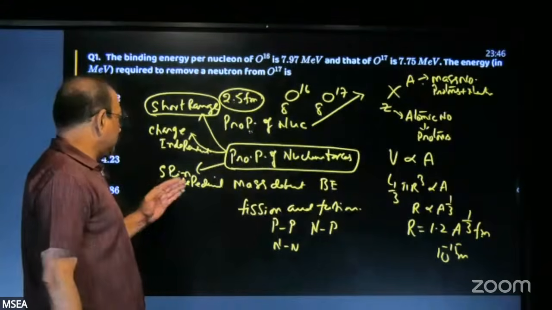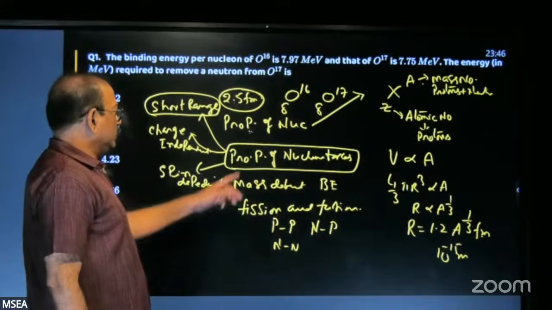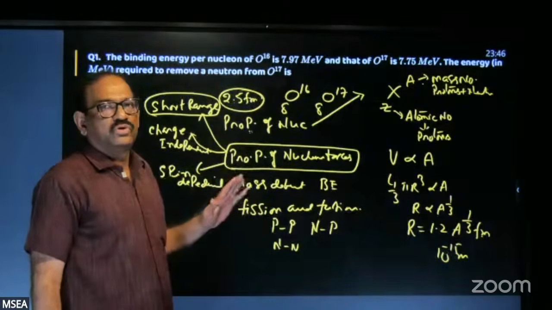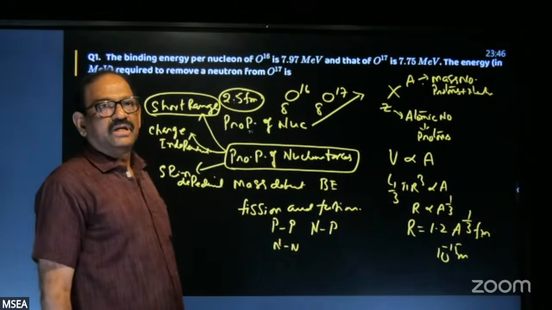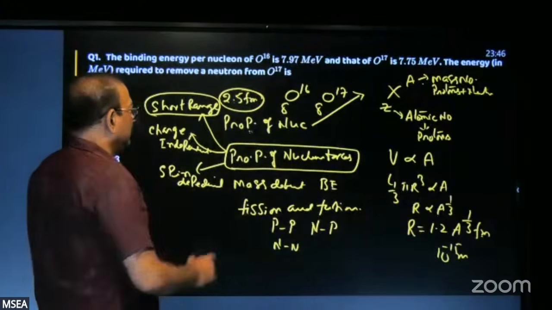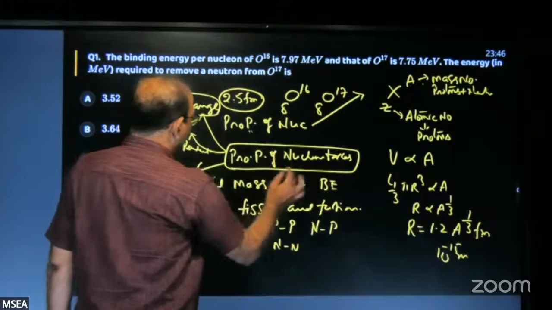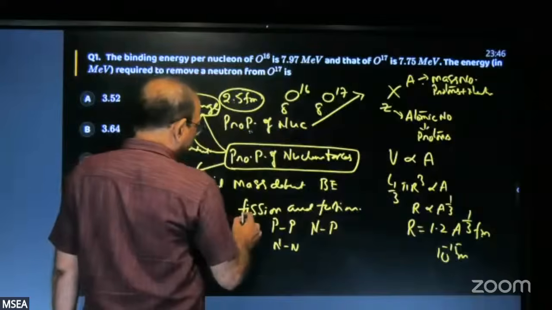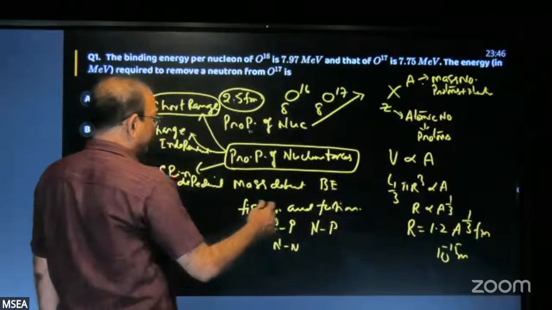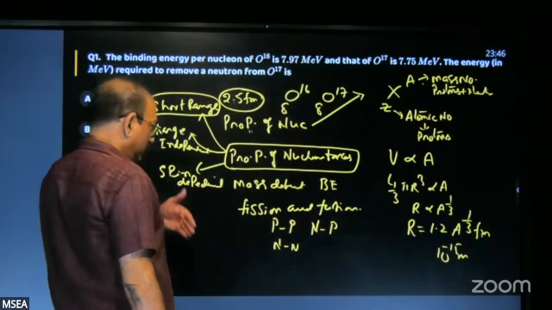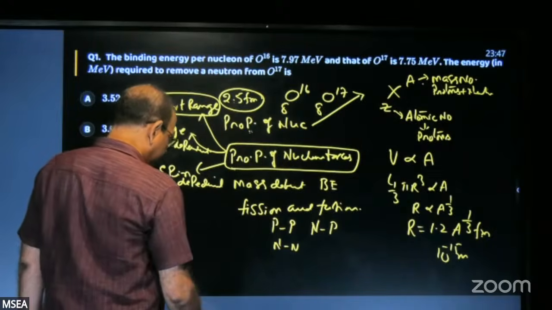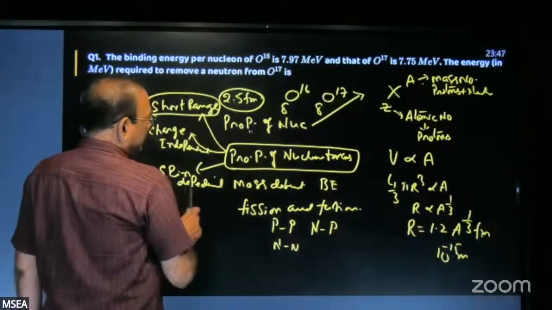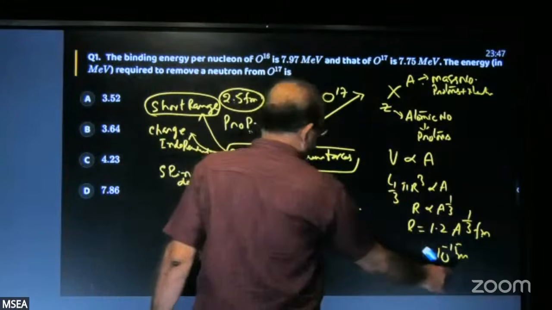Like that, depend on spin. And these nuclear attractive forces are not purely central forces. These are all properties of nuclear forces. Revise them. Then fission, fusion, their properties. Now let us come into this. Fission, fusion, differences.